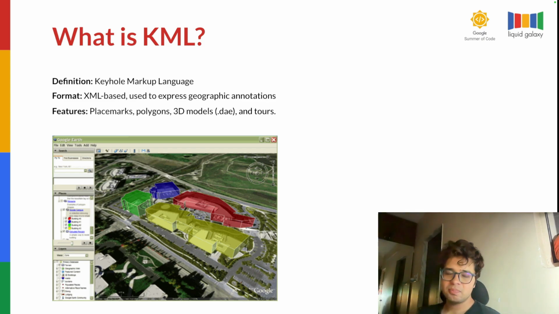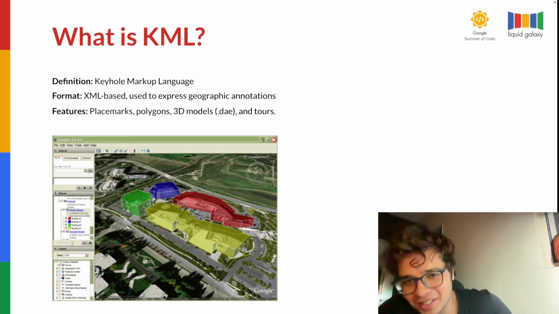It's basically an XML-based file format, which just means that it uses structured tags like we have in HTML to describe geographic information. Why geographic? You'll get to know about that yourself.